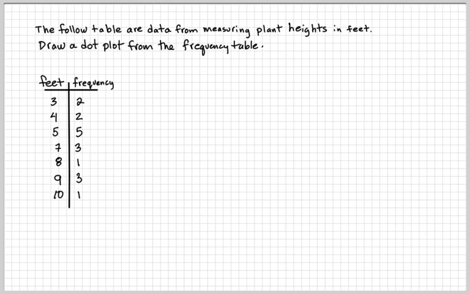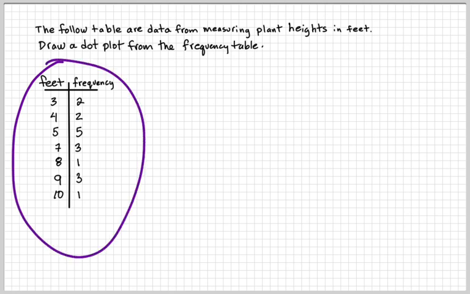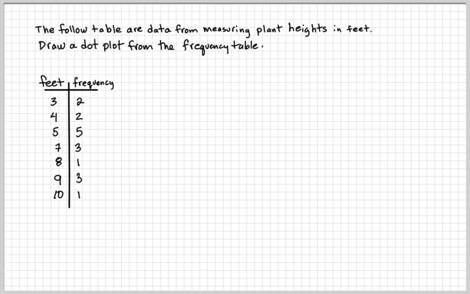But we'll just say that they grow in discrete form, or maybe they just round to a discrete number. As you can see here, we have a frequency table. If you don't know how to read this frequency table, go to my video on how to read and create frequency tables. There are also interval frequency tables as well.